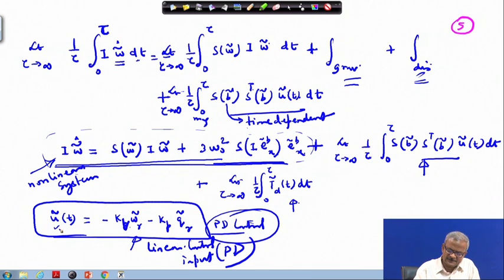So, if we have this kind of input here, it can be taken out of the integration sign.